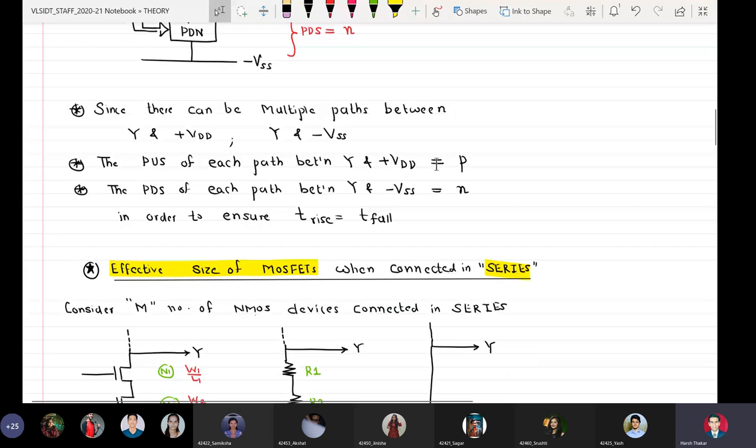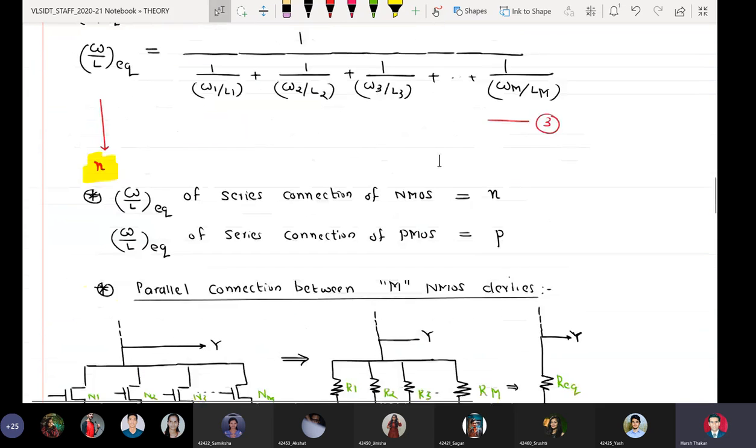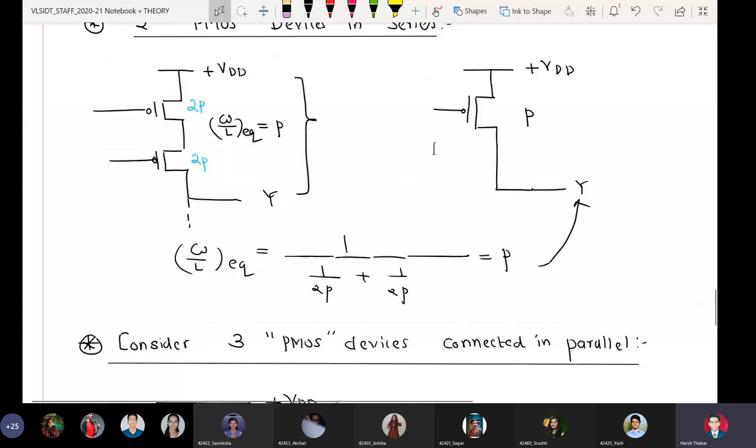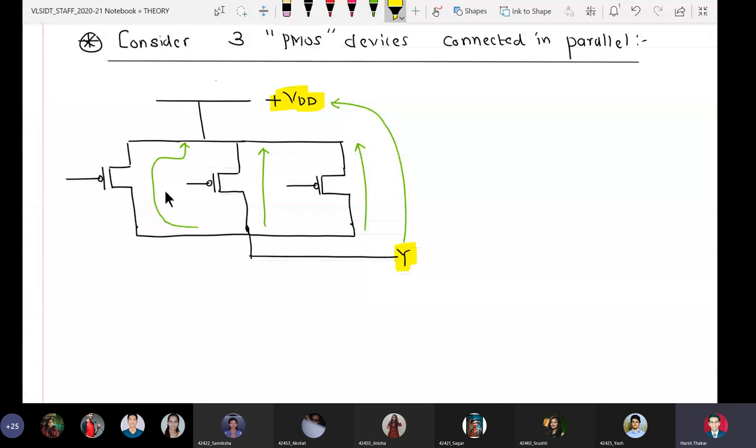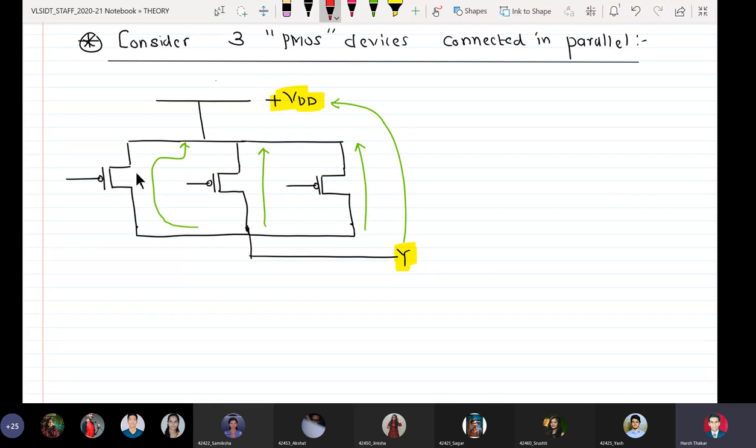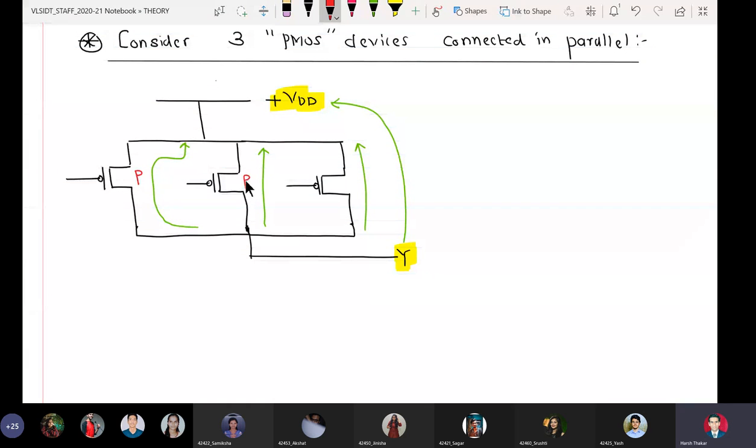The pull up strength of each path between Y and VDD must be P, and the pull down strength of each path between Y and VSS should be equal to N. It's very simple that there are three ways in which I can connect my output node Y to VDD, and every path should have the pull up strength as P. So naturally, if I want to connect Y to VDD through path number 1, my size of the first PMOS should be P. If I want to connect Y to VDD through the second path, equal to P. If I want to connect Y to VDD using path number 3, P.